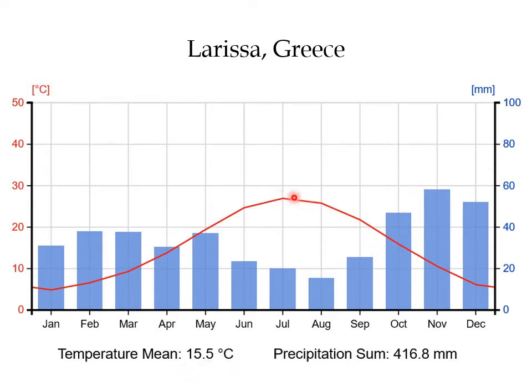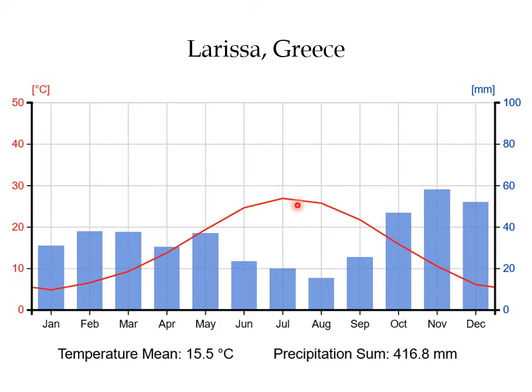And we can see that the average in July is 25, 26, which is quite high for a temperate climate. And the average of the month of January or December is around 5 degrees, which is not very cold.